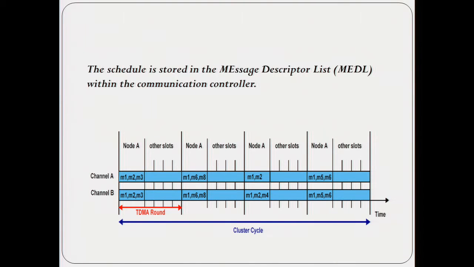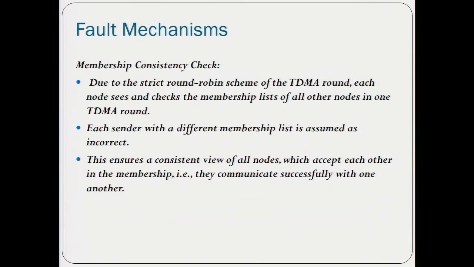Then it goes on, and then node A again sends M1, M2, and so on and so forth, right? So this one is a repeating TDMA cycle of information written on the bus. And the cluster cycle is when a certain number of cycles have been taken by the various nodes in the sub-network that you are considering.